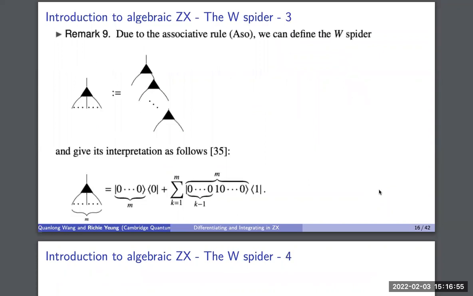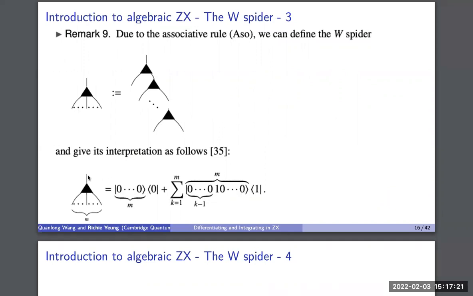Particularly because of the associative rule, we can write a nesting of W spiders as a single multi-legged W spider. And the interpretation of a W spider in terms of linear maps is that if you have an M-legged W spider and you put the zero state in, you get the all zero state.